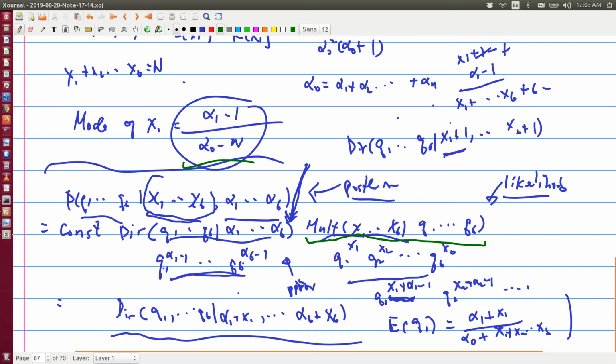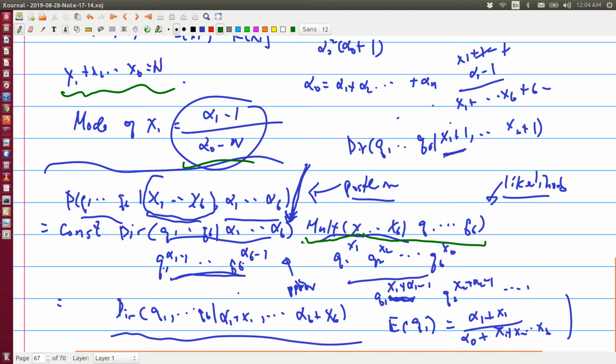And x1 up to x6 is how many ones, how many twos, how many threes, and so on and so forth, occur. Therefore x1 plus x2 plus so on up to x6 should be equal to n, where n is the total number of tossing or throwing the dice.